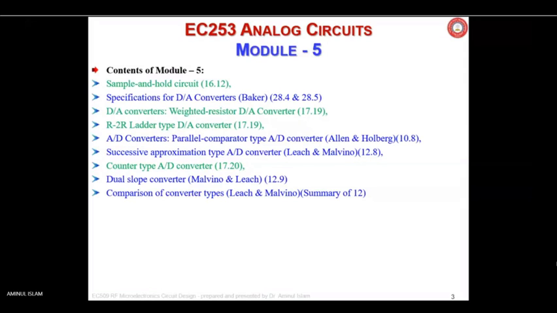No problem, we can take the class 2 to 3. For any reason, if I am not able to take it, I'll inform you.